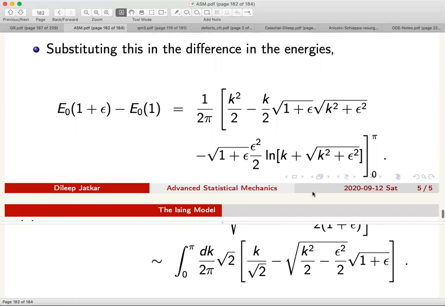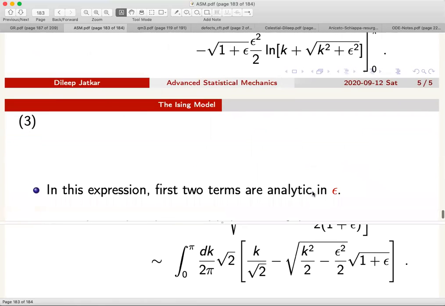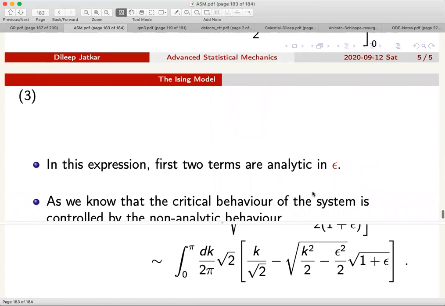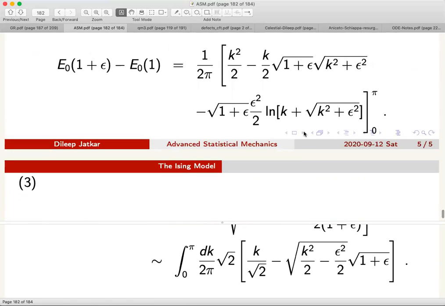Now in this case, what you find is that the first two terms, which are written out here, have relatively simple behavior as a function of epsilon. Nothing very special happens when you try to take epsilon to be any specific value.